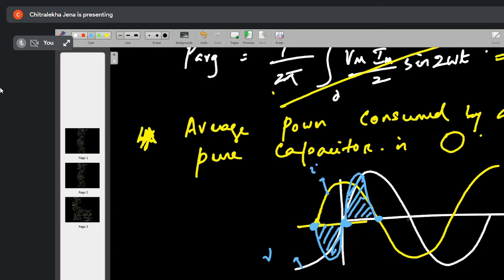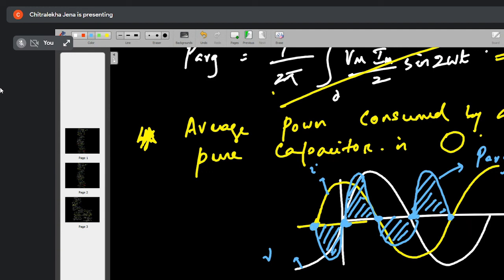From this point to this point, voltage is positive, current is negative, so power will be negative. From this point to this point, both are negative, so power will be positive. Am I clear? So now somebody will tell what is the average of this one. Look here. Average will be equal to... Clear.